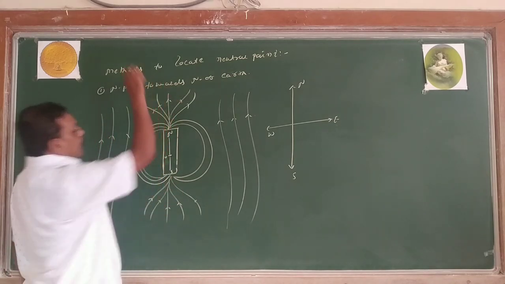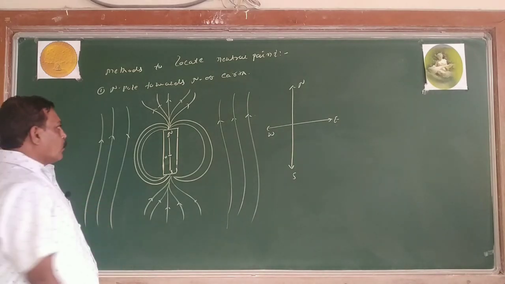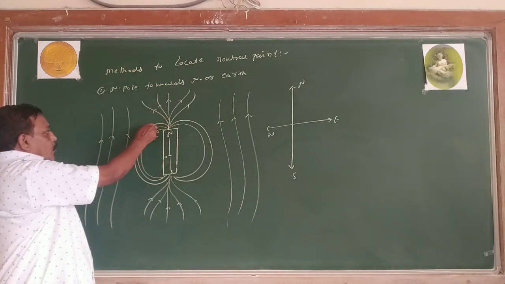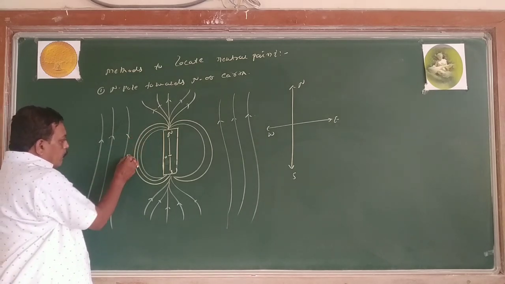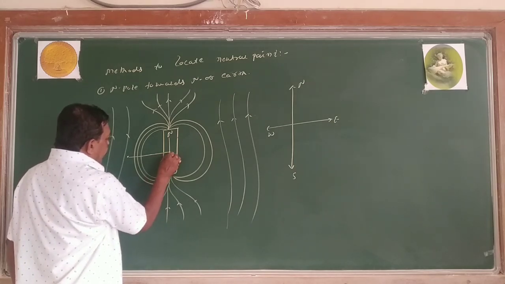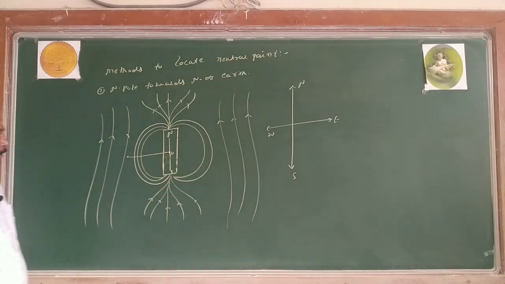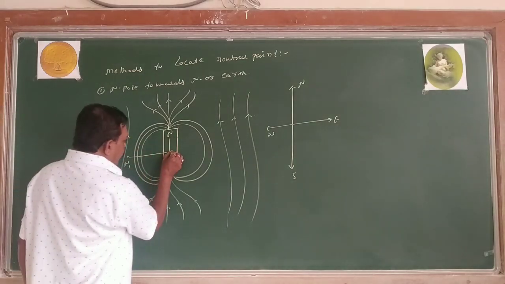If I take the compass needle and go on placing it at this position, again it shows north and south. This position again north and south. Now this is the point from the center of the magnet where the neutral point is located, N1 position. This side also a neutral position, N2.